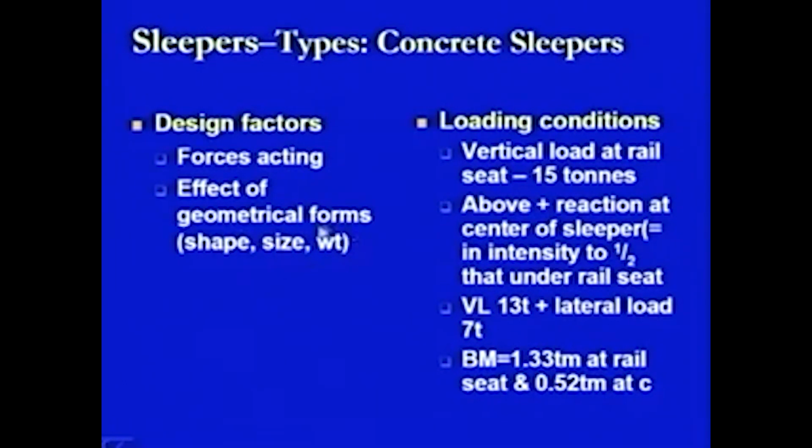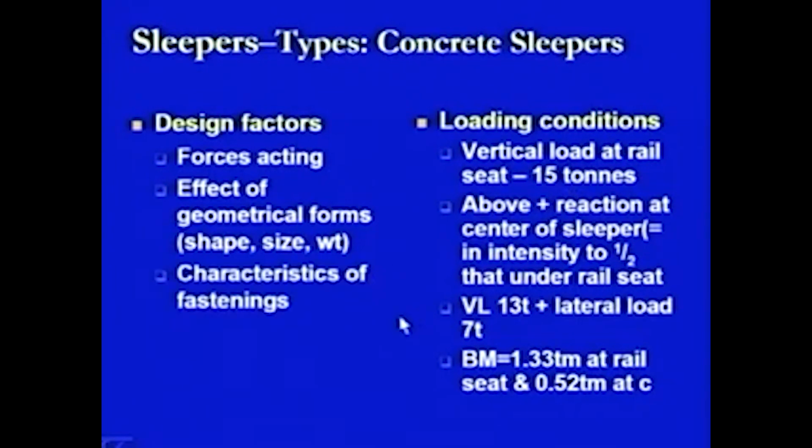And then this weight is another aspect, because this weight is going to add on to the vertical loads which will be coming from the rail seat. And this weight not only creates a resistance to the vertical loads, because if it is increased then it will be offering more stresses or resistances to those loading conditions.